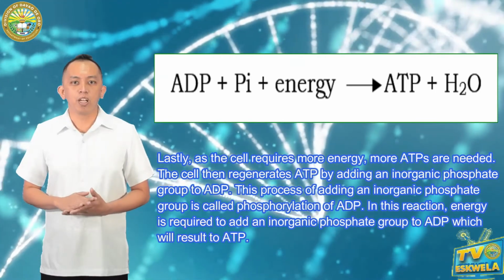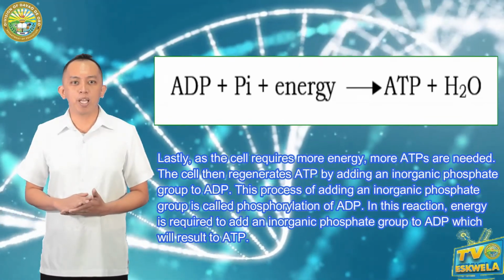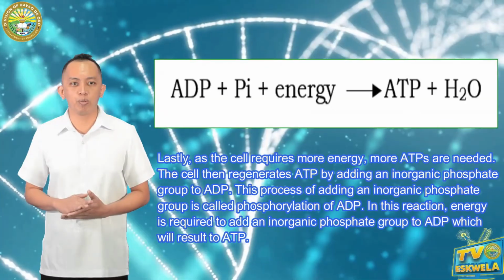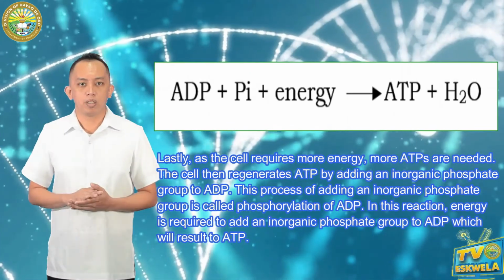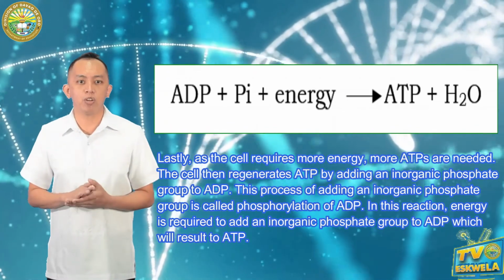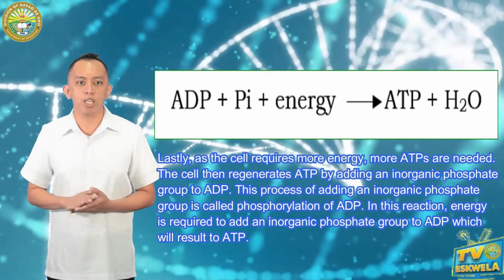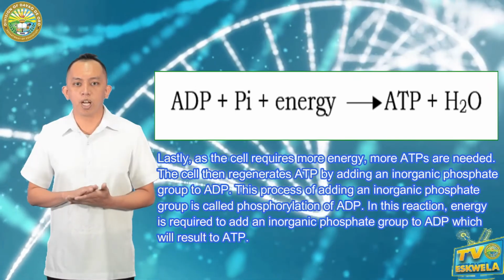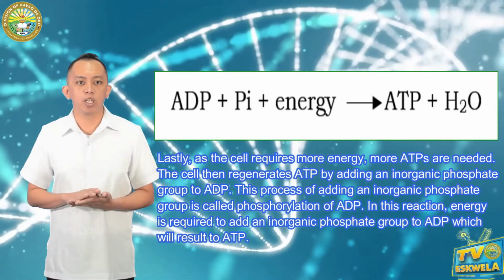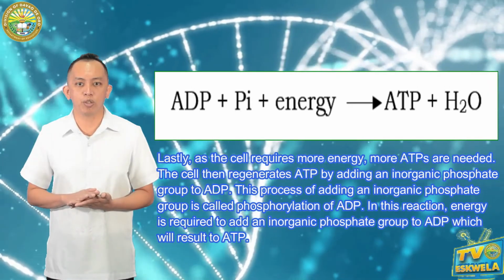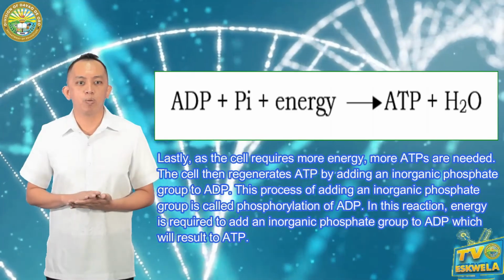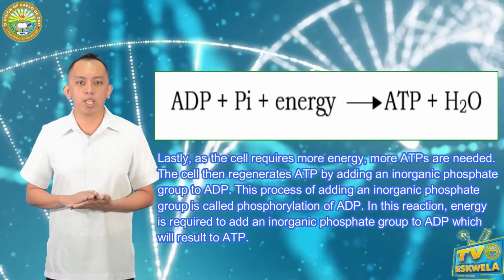The cell then regenerates ATP by adding an inorganic phosphate group to ADP. This process of adding an inorganic phosphate group is called phosphorylation of ADP. In this reaction, energy is required to add an inorganic phosphate group to ADP, which will result in ATP.